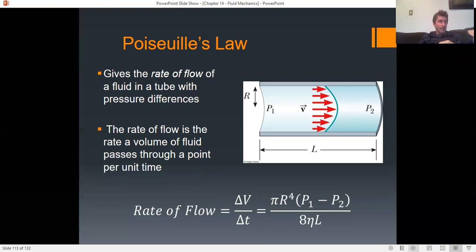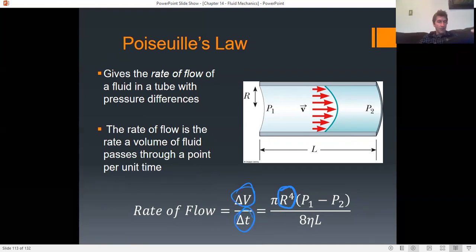Again, the fluid right up against the wall is not going to be moving. And as we get further and further away from it, the fluid at the center of the tube is going to have the highest rate. So the rate of flow, how much volume of fluid we get per unit time, is going to be proportional to the radius of the pipe to the fourth power.